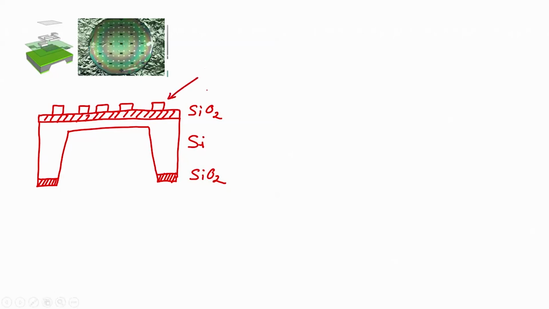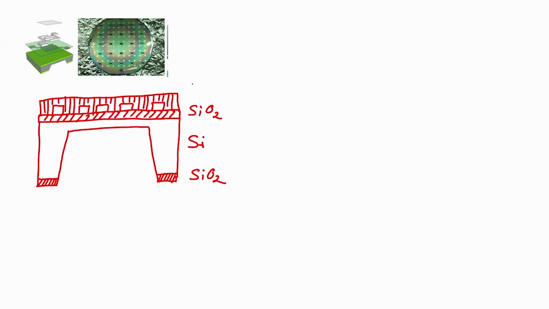These are heater contacts, here and here, these both are heater contacts. Okay. So, what do we have right now? We have silicon dioxide which is grown by plasma enhanced chemical vapor deposition.